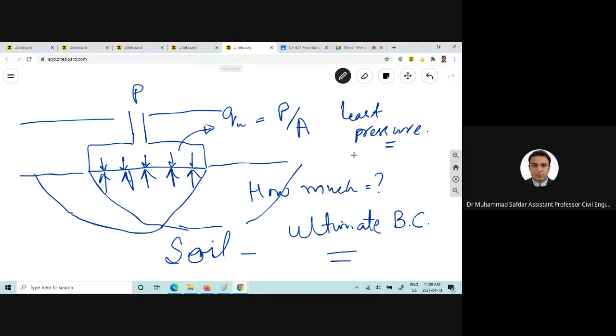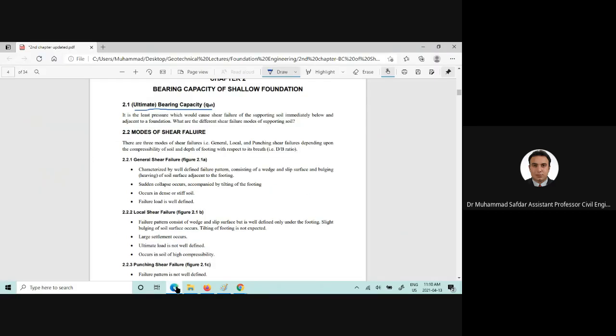So it's the least pressure which can be taken by this soil without reaching shear failure. Here is the definition if you want to note it down: it's the least pressure which would cause shear failure of the supporting soil immediately below or adjacent to the foundation.